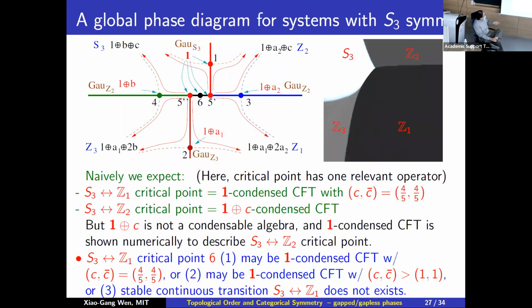Okay. So this is the first non-trivial result. This S3 to Z1 critical point, we have a trouble. They are either the same critical point as the S3 to Z2 transition, as a Potts model critical point. I don't want to believe that. That'll be really strange. Or it's another critical point with very large central charge, beyond 1.